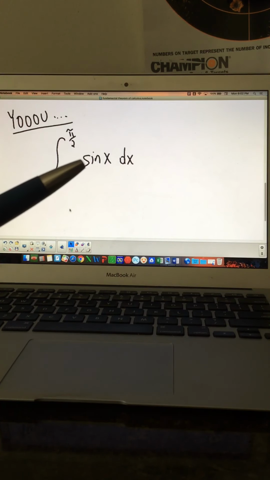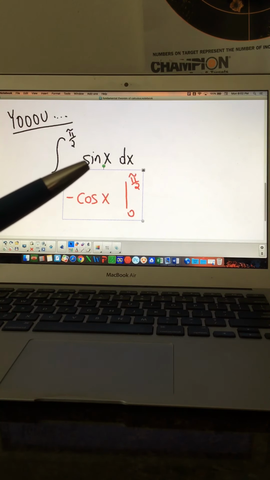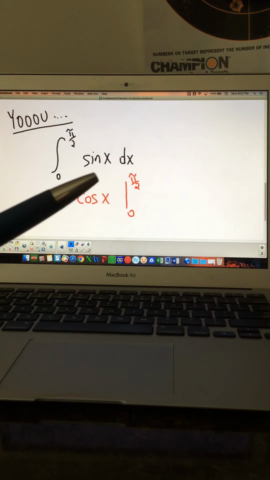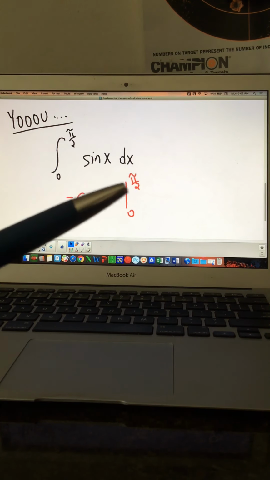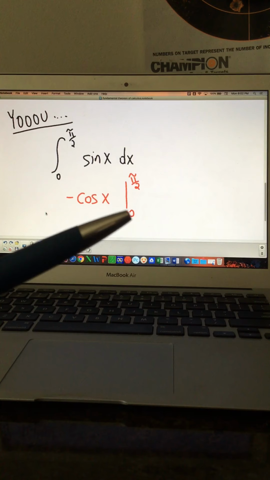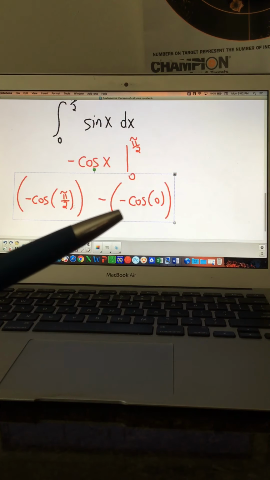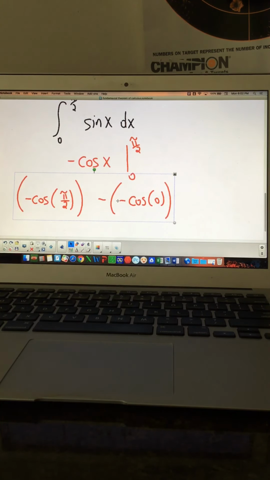Integral of sine. Sine integrates to negative cosine. And now we're going to plug in 0 and pi over 2. Remember, it's the top minus the bottom when we plug it in. So first we're going to plug in the pi over 2 minus cosine of 0.